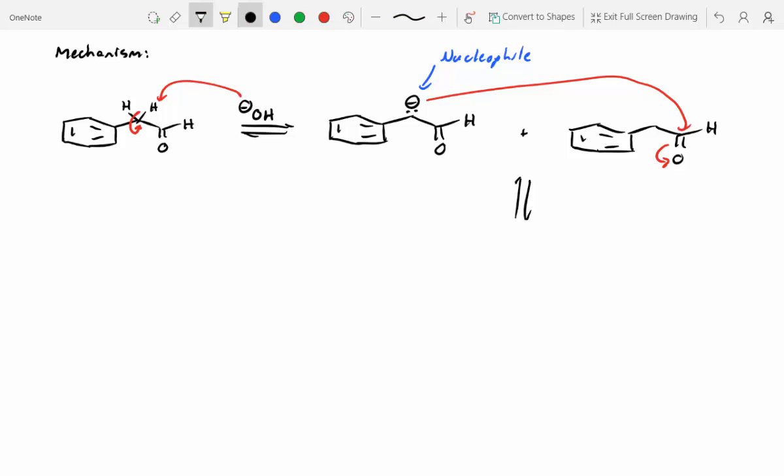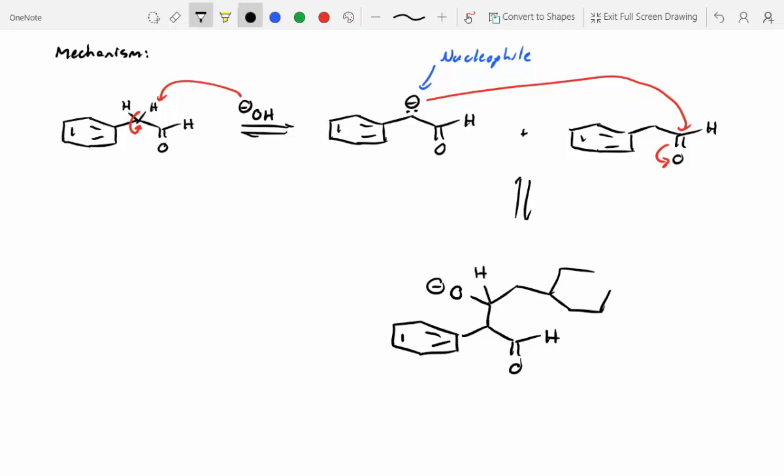Okay? Got O minus, we've got H. There we go. Looks a little funky, but that's fine. The last step we said is just to treat this with water.